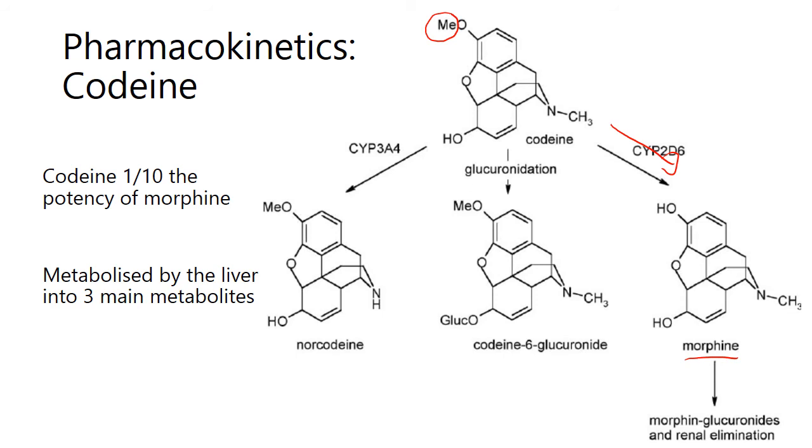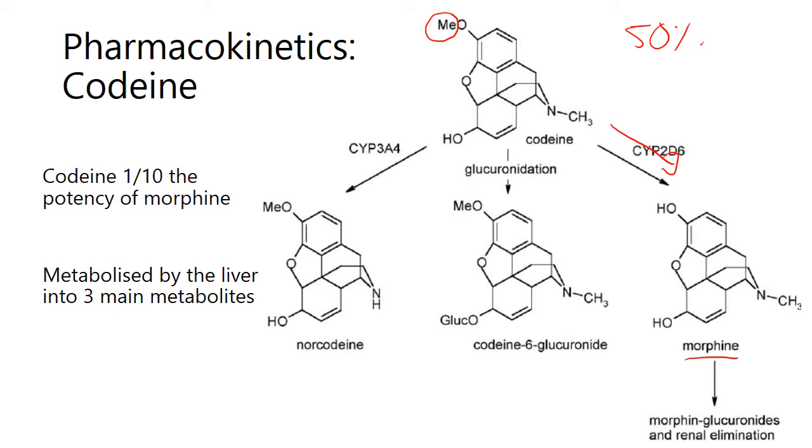So bioavailability is the proportion of an ingested or administered drug that ends up actually active within the systemic circulation. So codeine itself has a bioavailability of about 50% when administered orally. In addition to that, about 5 to 15% of codeine is eliminated unchanged in the urine.